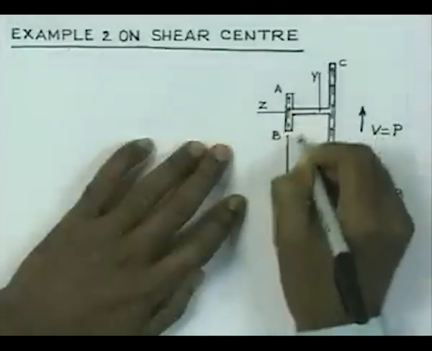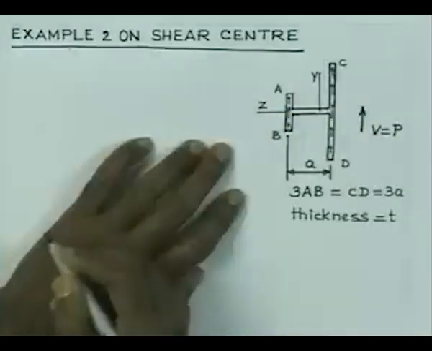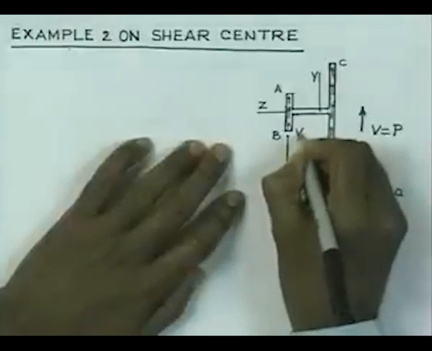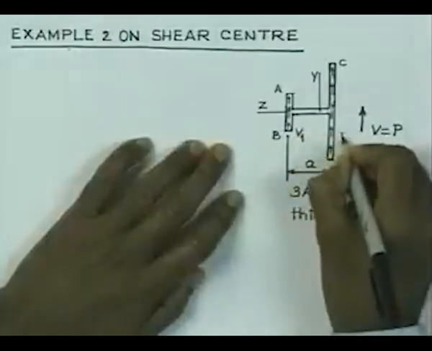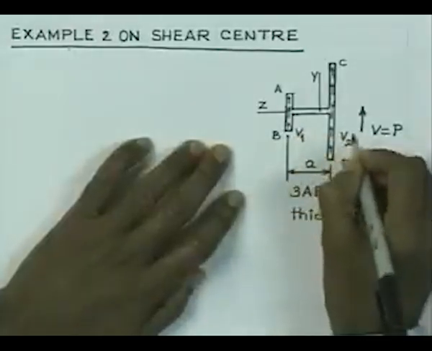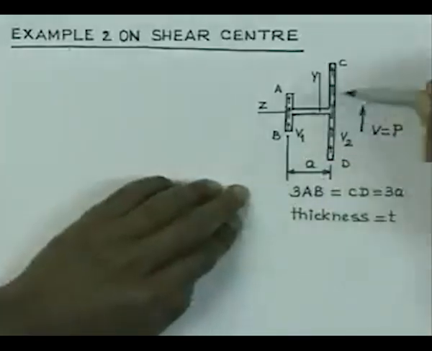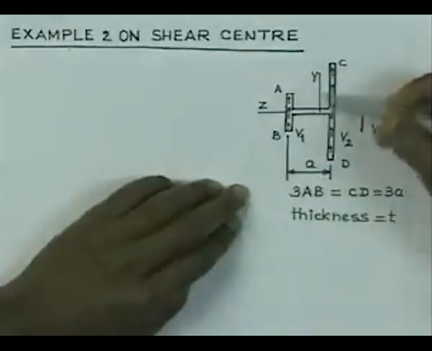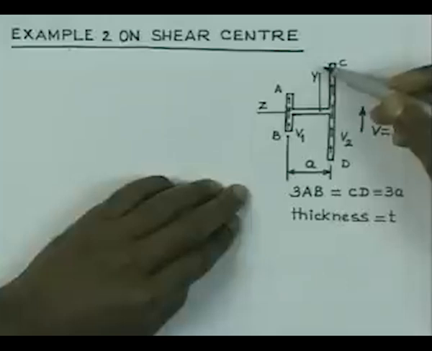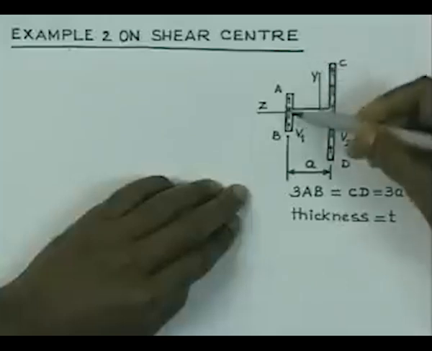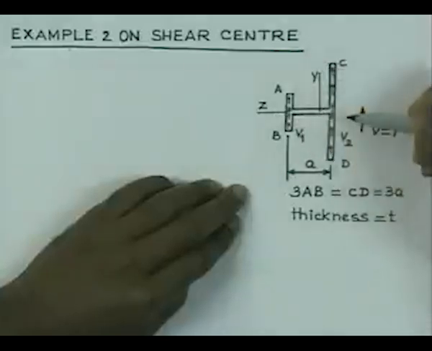So, let us consider that the sum total of these forces is equal to V1 and the sum total of the forces on the other leg is equal to V2. Now, in this case it is obvious that this y axis is not an axis of symmetry, but z axis is an axis of symmetry.